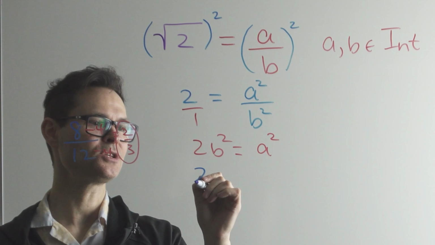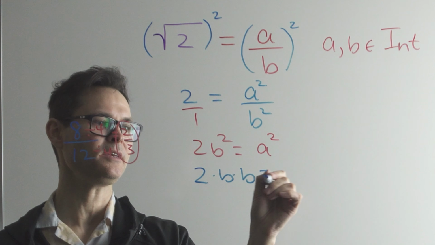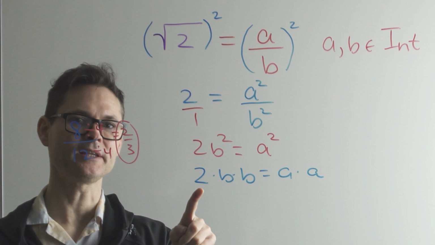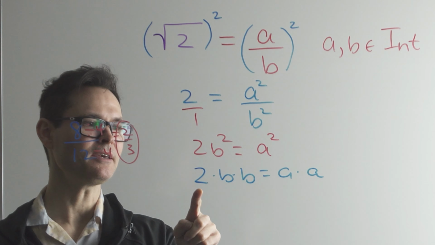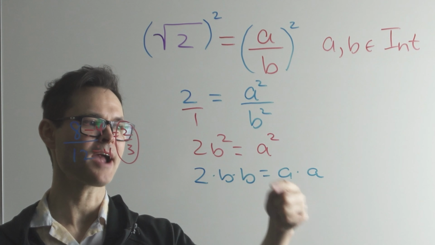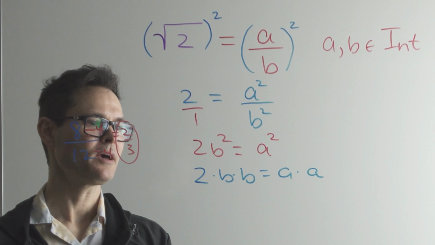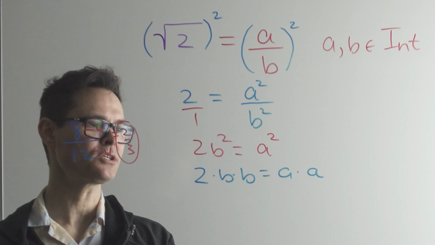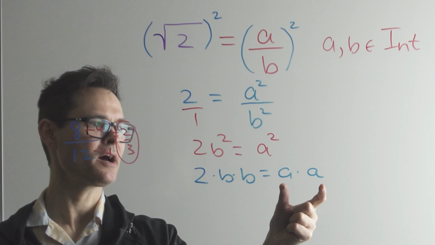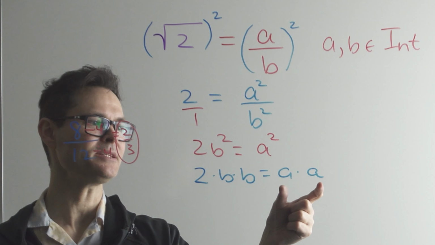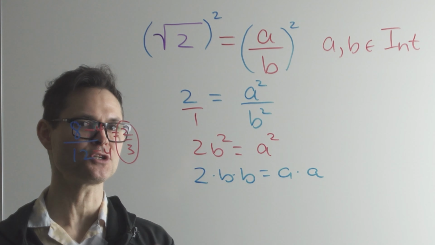Now this is 2 times b squared equals a squared. Well, look, this has a 2 on the left-hand side, meaning that this side here has to be even. Remember, one of the properties of an even number is that it's divisible by 2. So if a times a is equal to 2 times b squared, that means a times a has to have a 2 in it.